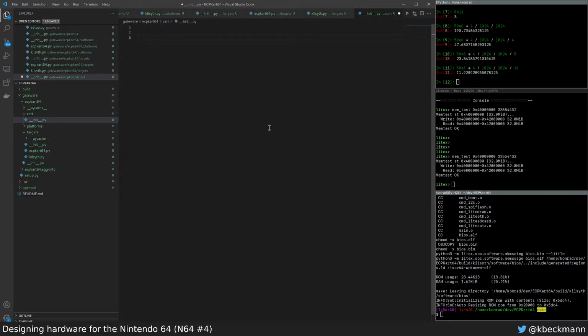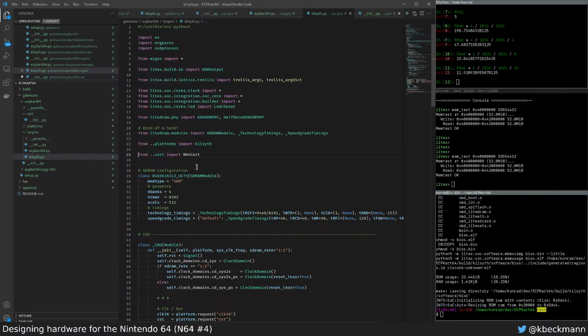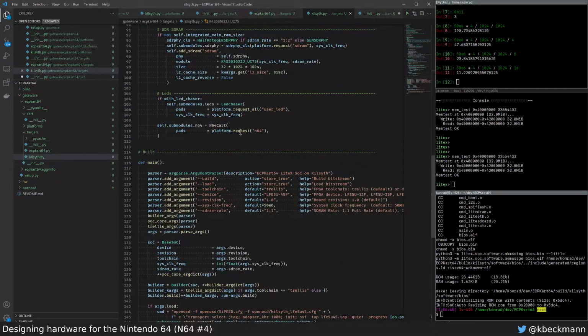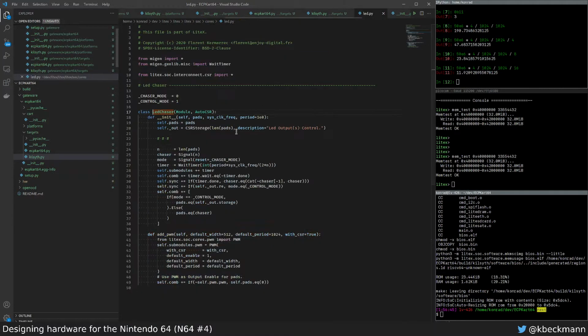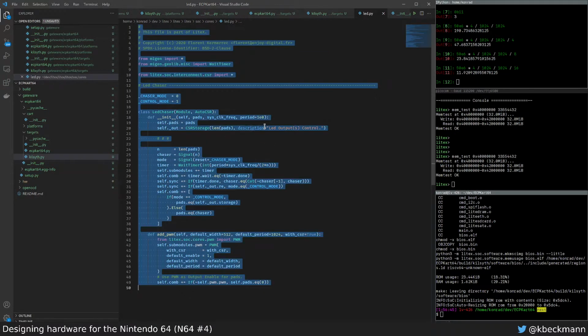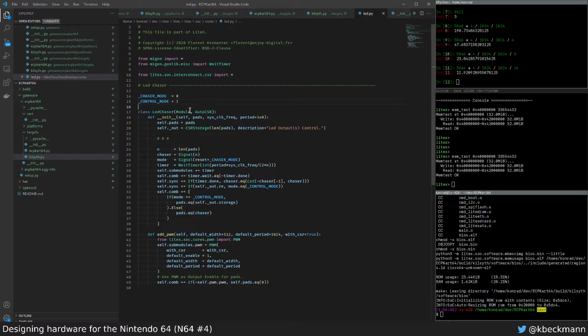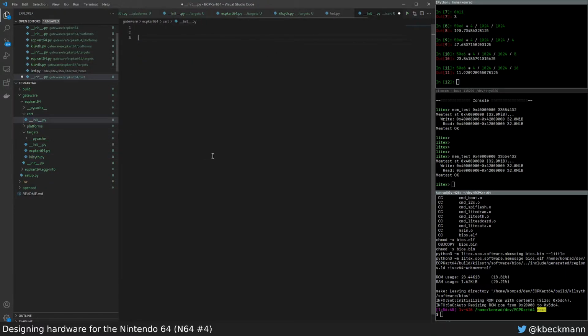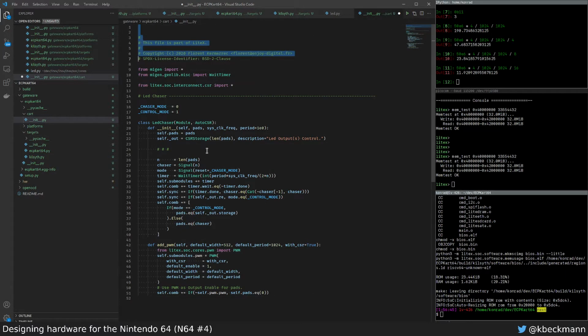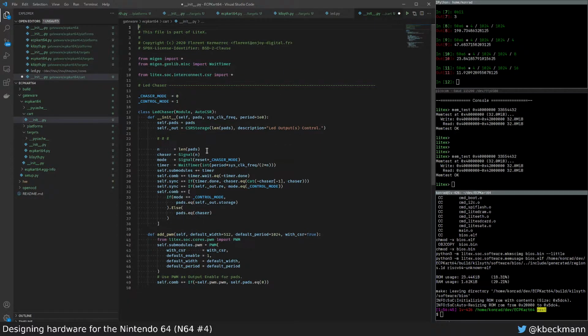Yeah, now I need to remember that this is in Migen. So I think I should just look at some hopefully simple code and copy that. So let's just take the lead chaser and copy that. So N64 cart.